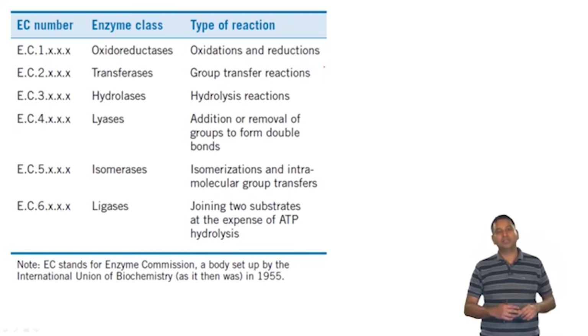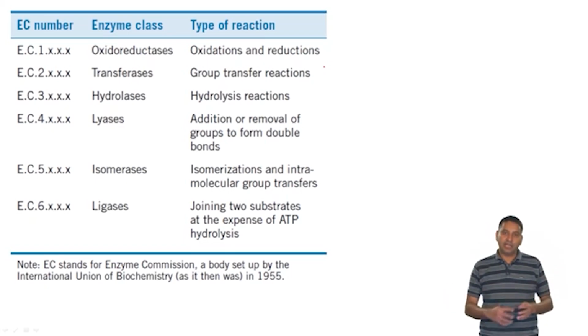Then there are ones that can hydrolyze functional groups, known as hydrolases. You can also have lyases, which result in loss of a group to form a double bond. And then there are isomerases, which convert one isomer to the other.